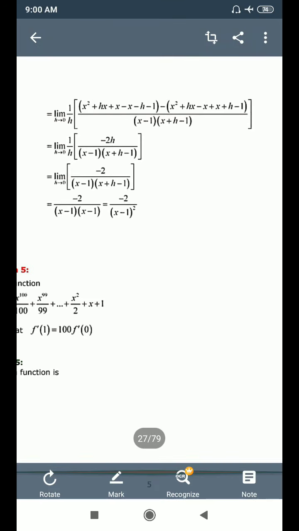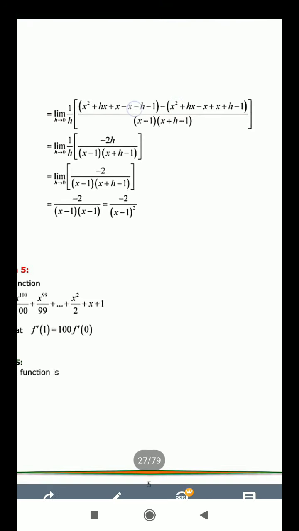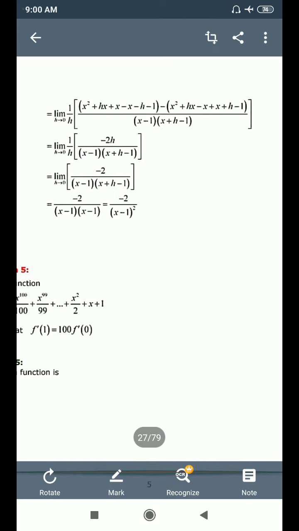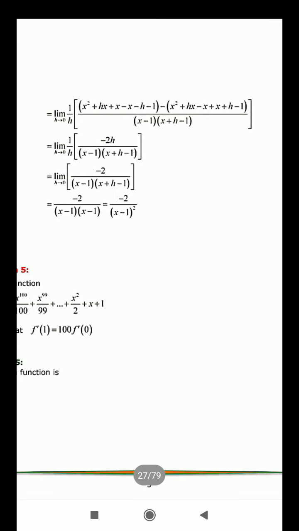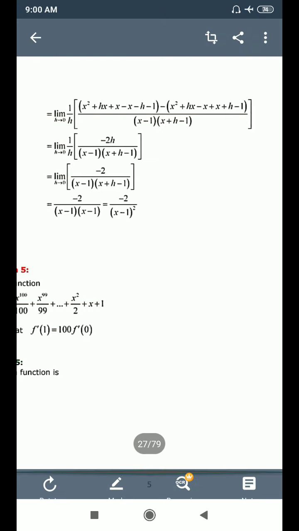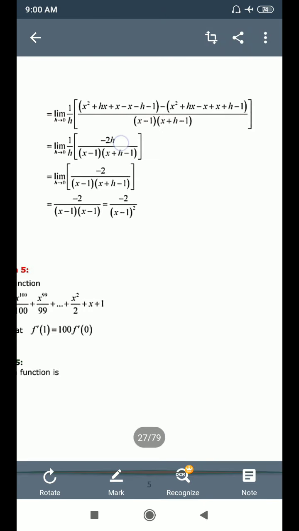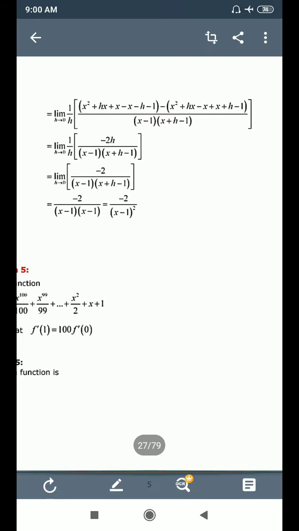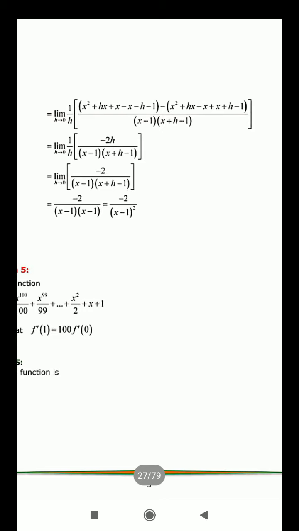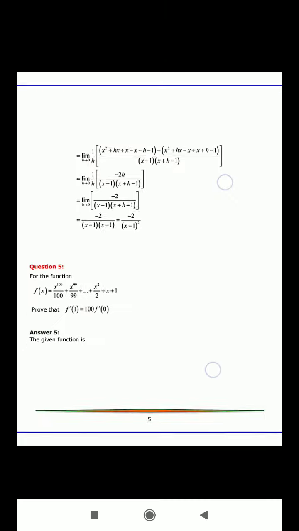This x square will be cancelled out with this x square, and this x is cancelled out with this x, and like that you will have only minus 2h divided by this thing. This h is cancelled out with this h. So now you have minus 2 upon (x minus 1) into (x plus h minus 1). Put h equal to 0. So it will be minus 2 upon (x minus 1) whole square, which is the answer.